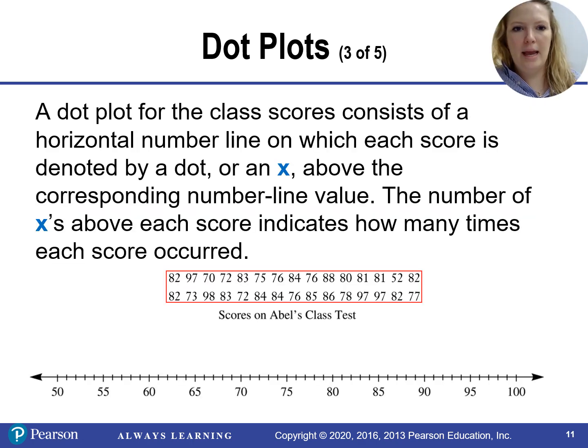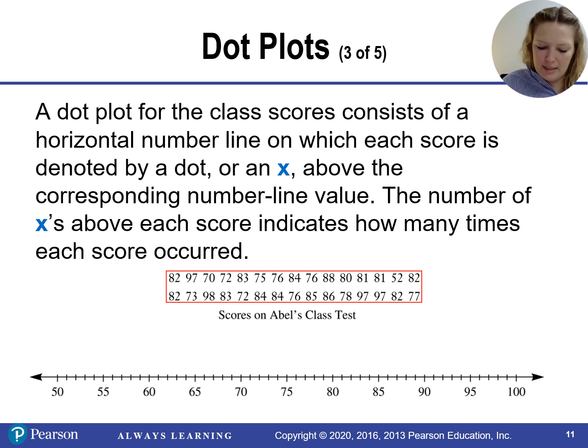We can create a dot plot by first starting with a horizontal number line, and then for each score in the set of data, we would denote it with a dot or an X above that corresponding number line value, and the number of X's above each score indicates how many times each score occurred.